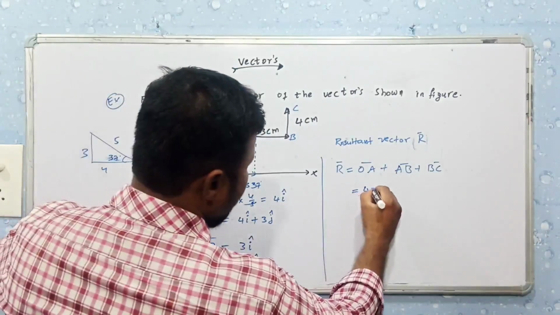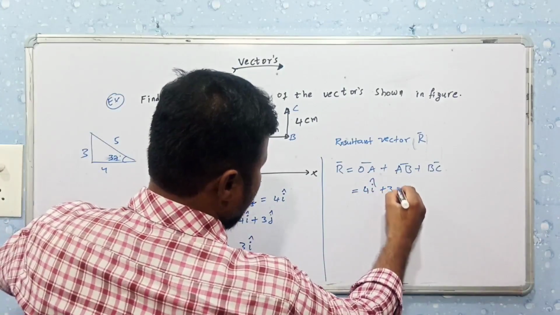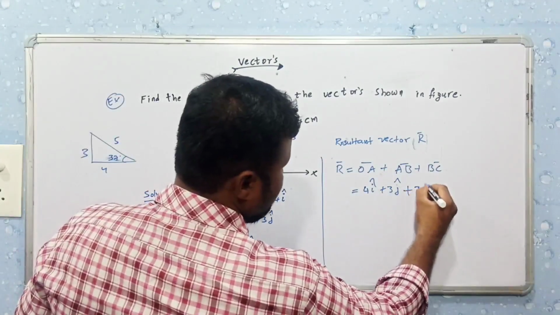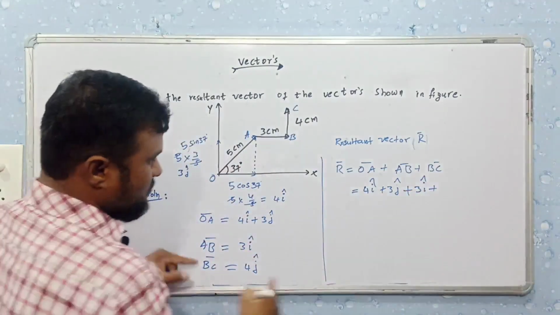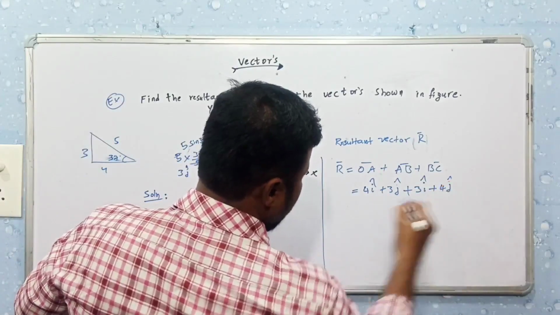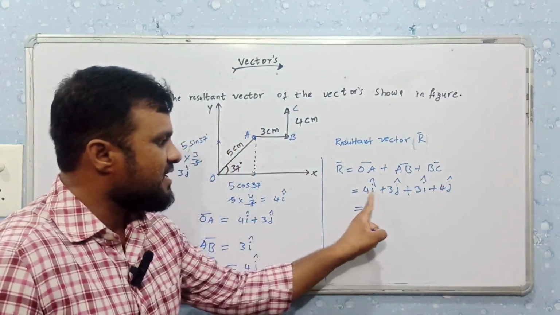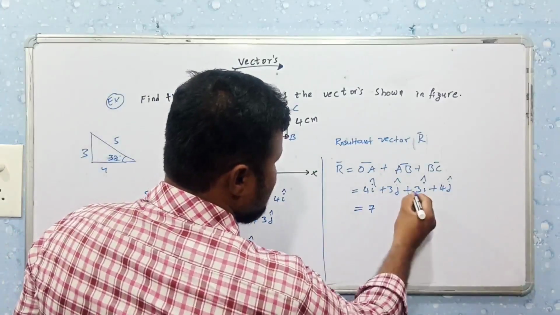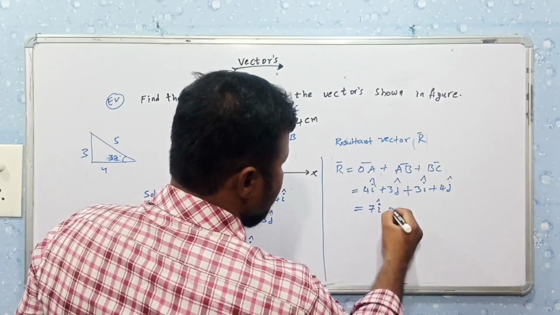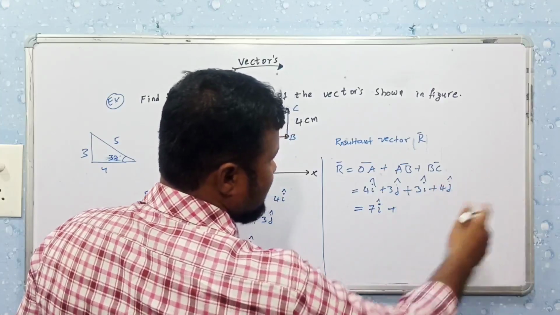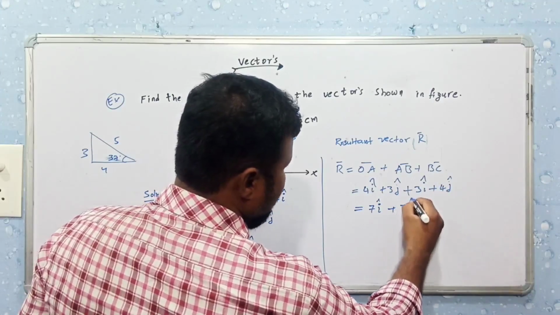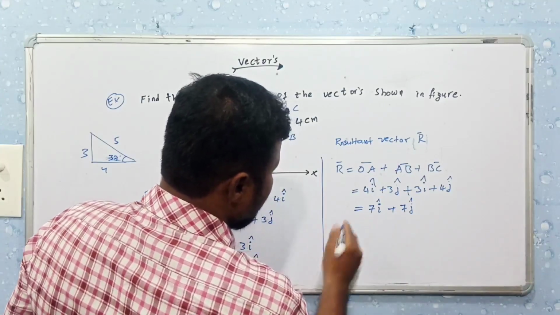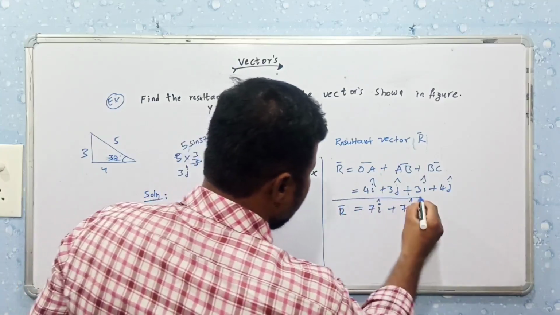OA is 4 i cap plus 3 j cap, plus AB bar is 3 i cap, plus BC bar is 4 j cap. Addition of vectors: i cap plus i cap, 4 plus 3, 7 i cap, plus 3 plus 4, 7 j cap. So this is the resultant answer, R bar.